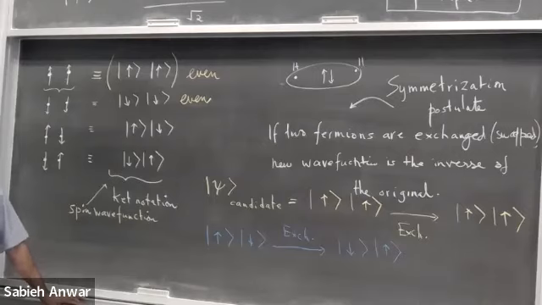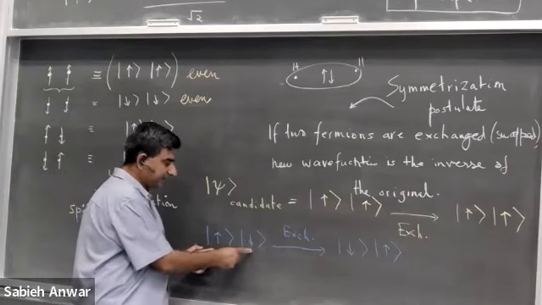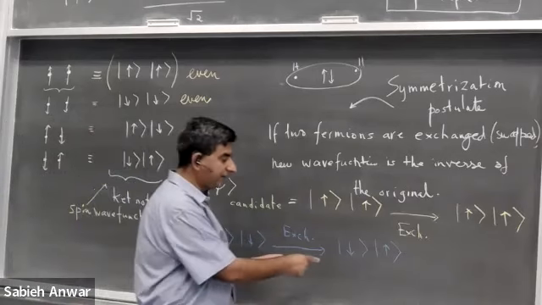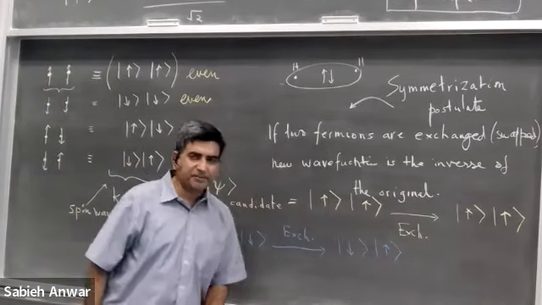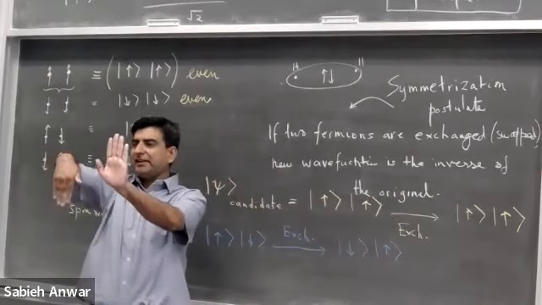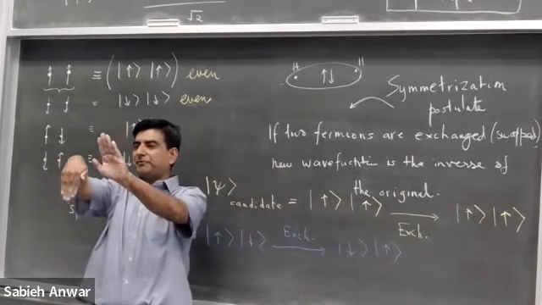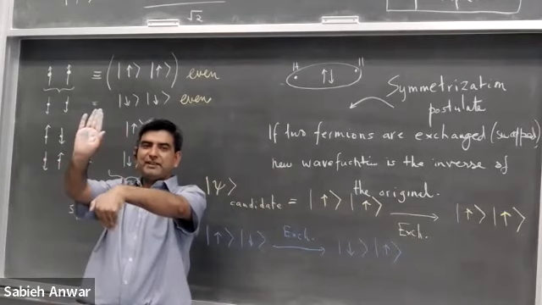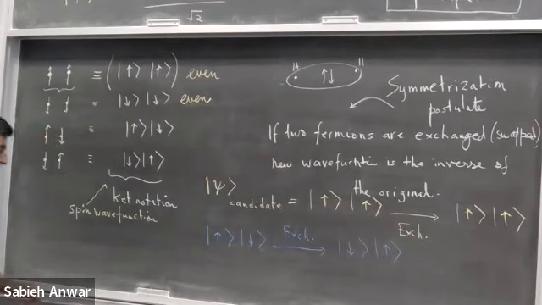Because the first spin here is pointing up, the second spin pointing down. Here, the first spin is pointing down and the second spin pointing up. So here you have two electrons and you are flip-flopping the two spins. It's a new wave function. So this wave function is neither even nor odd.